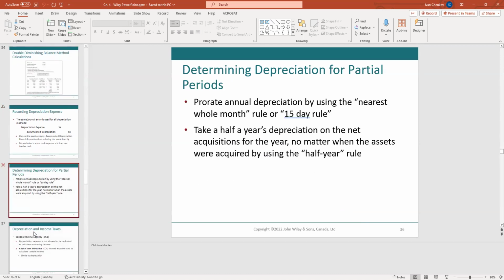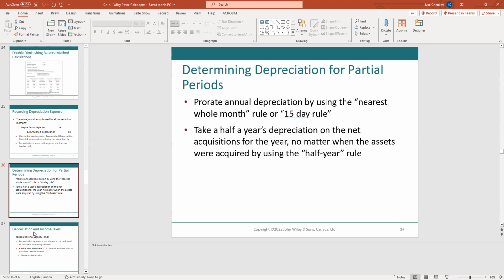Now, what's going to happen if we have a partial period? Obviously, we're not always going to buy the assets on January 1st or February 1st. Sometimes we're going to buy it on January 15th or January 22nd. In that case, we can prorate it by days. That's one option.